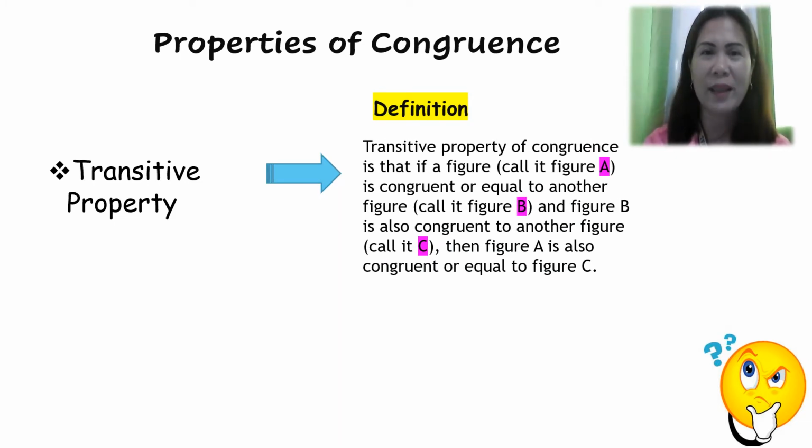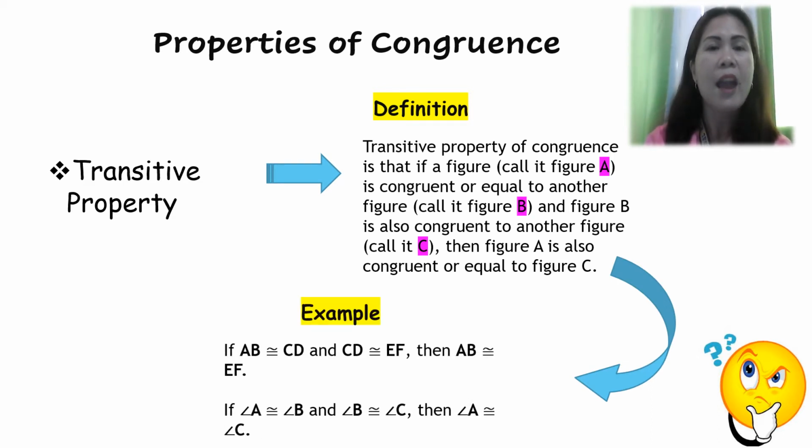Transitive property of congruence is that if a figure, call it figure A, is congruent or equal to another figure, call it figure B, and figure B is also congruent to another figure, we call it C, then figure A is also congruent or equal to figure C. And the example for that is, if segment AB is congruent to segment CD and segment CD is congruent to segment EF, then segment AB is congruent to segment EF.